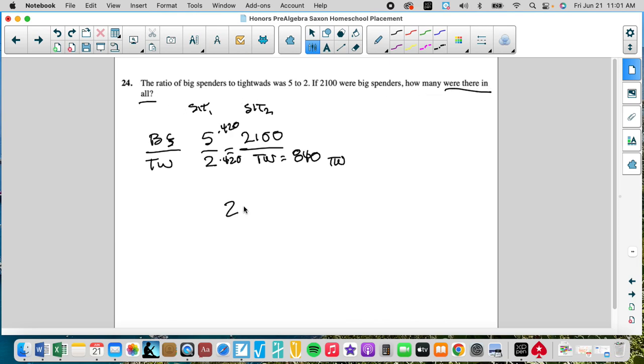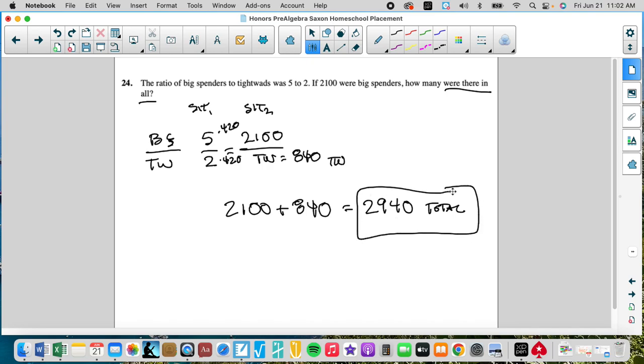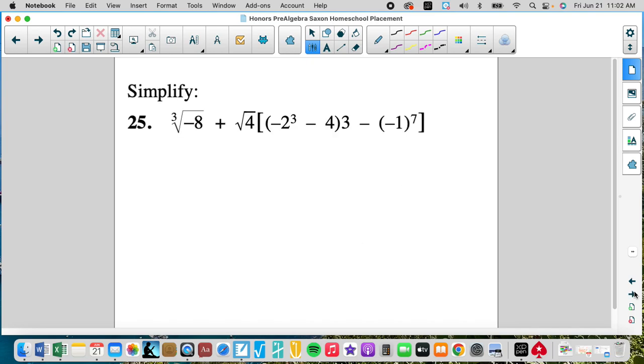So I'm going to add my big spenders to my tightwads, and that's going to give me the total number of people, which is 2,940 in all total. We're just going to write total. Okay. There's lots of different ways to do that problem, but that's a pretty efficient way.